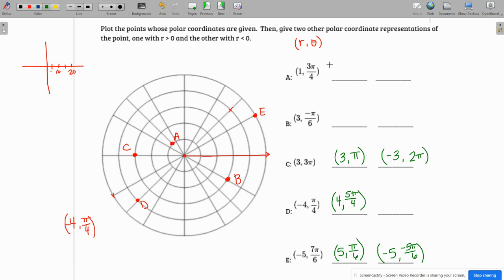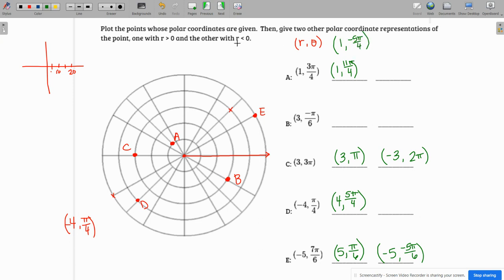So if we wanted to keep a positive r value, we could say 1, and then we'd have to find another way to say 3 pi over 4. So you could add something like 8 pi over 4, since that's 2 pi, and find something coterminal. So that could be 11 pi over 4. Or you could have said 1 comma, and then if you think about going this direction, -5 pi over 4, that could also work.